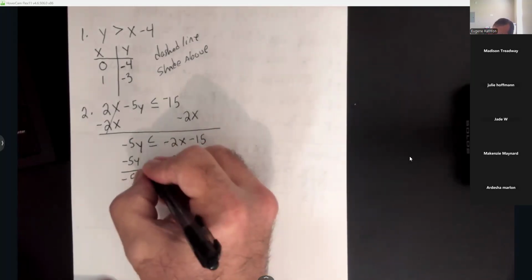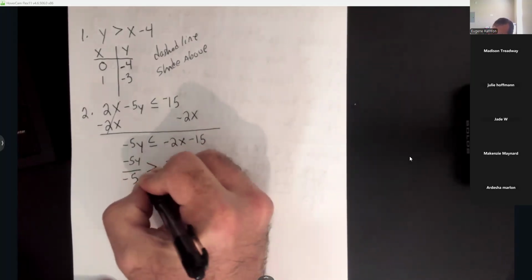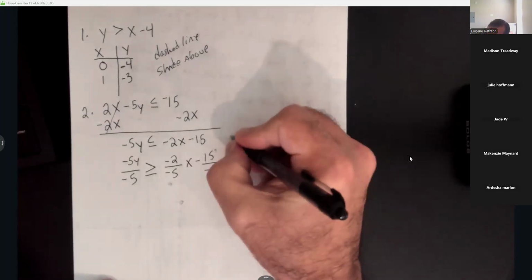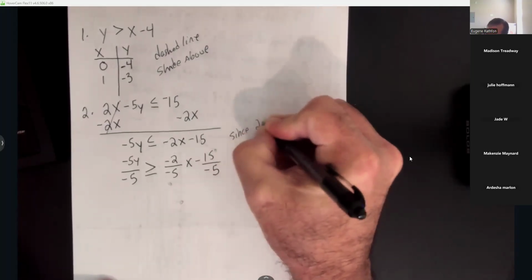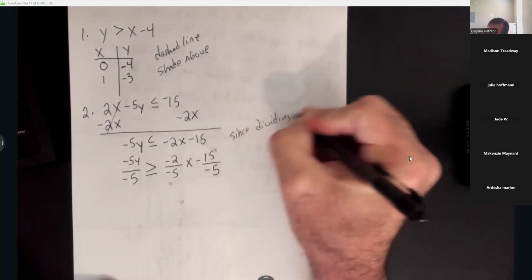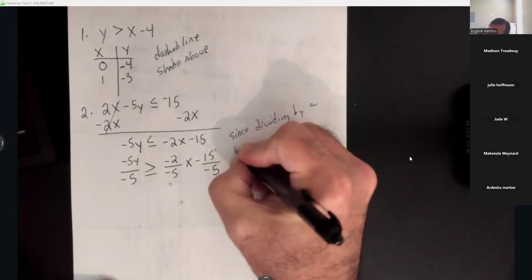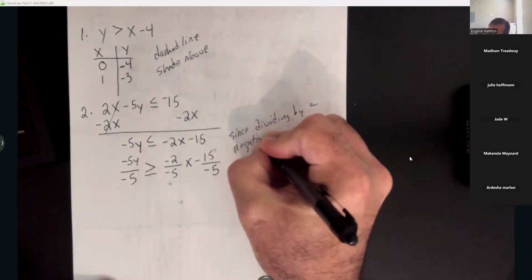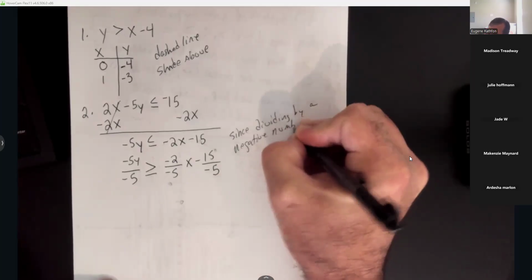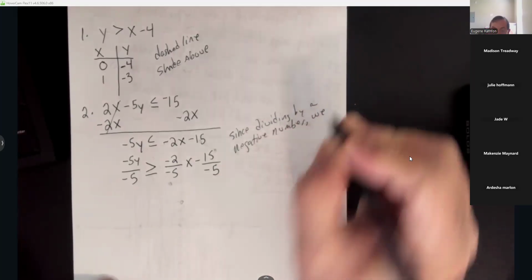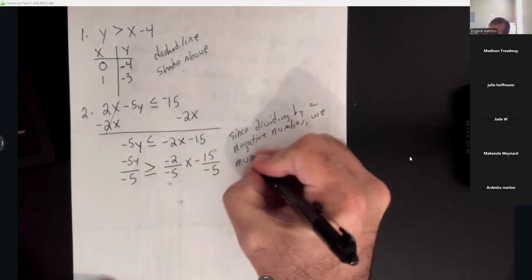Since I'm dividing by a negative, I need to reverse the inequality.